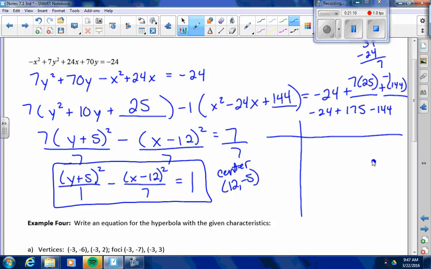So from the center, we're going to go up 1 unit and down 1 unit for the vertices. What is the value of B? Now, B squared is 7, so B is the square root of 7, which is approximately 2.65-ish. Okay, so left and right, we go about 2.6 units.